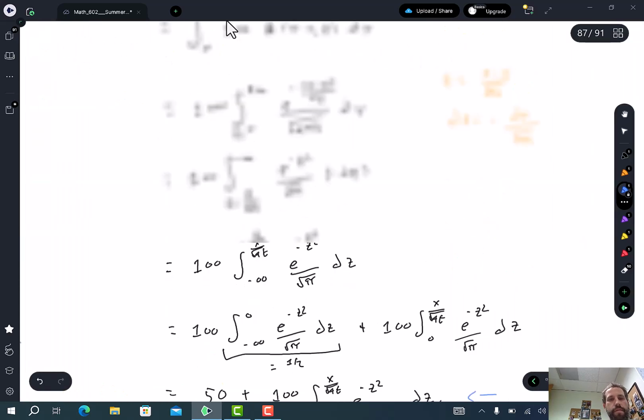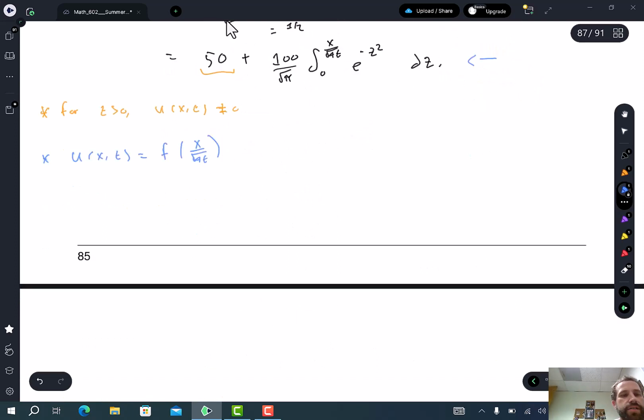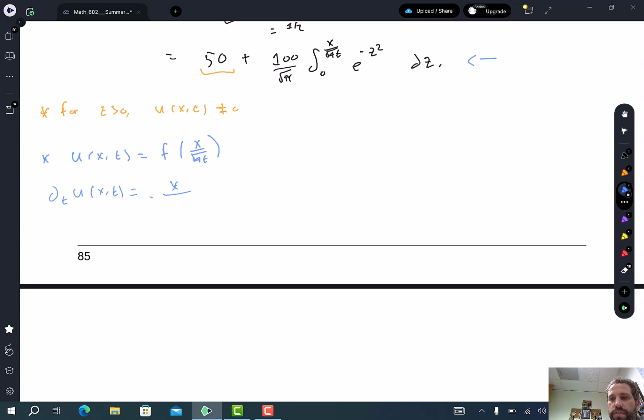Okay, all right, so if I take the t derivative of u, if u is defined this way, I'm going to have to do the chain rule. Sorry, let me just be a little more careful here. Okay, so the derivative of the inside, just to make explaining this a little bit easier, I'm going to write this as x over 2 times the square root of t.